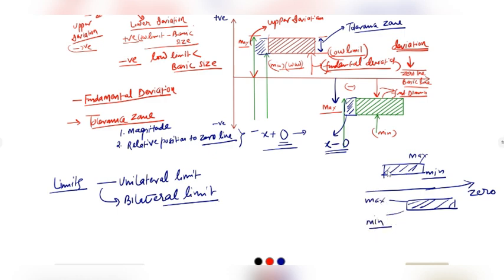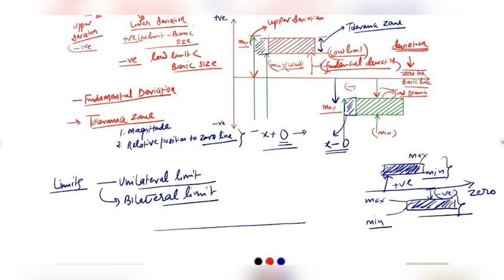Since the tolerance zone is entirely in the positive direction, or in this case entirely in the negative direction, then it is called the unilateral limit.